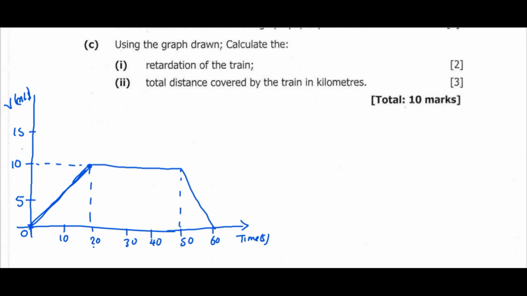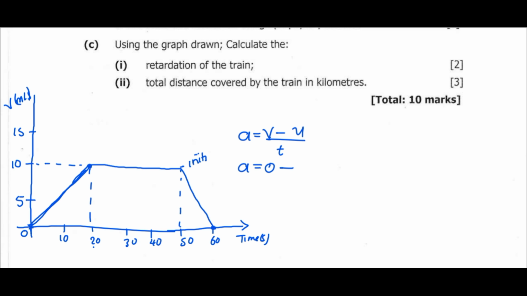Then, using the graph drawn, calculate the retardation of the train. Retardation is just the negative acceleration, final velocity minus U over t. The final velocity, since it came to rest, is 0. Whenever the line touches the x-axis, it's not the 60, no, you just get 0. So 0 minus the initial, which is at this point.